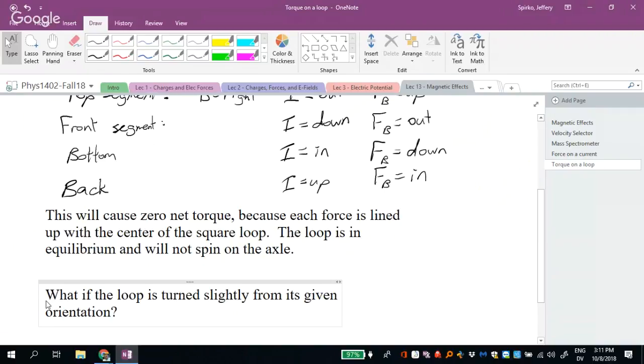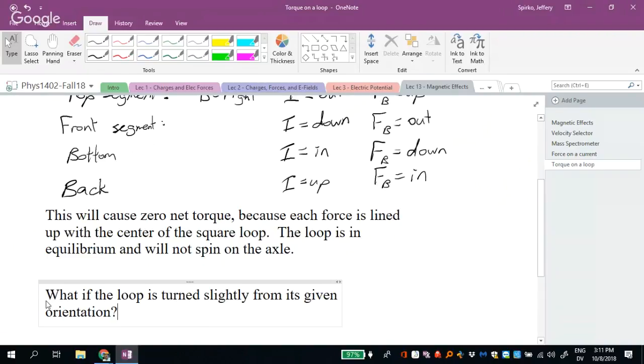But what if we turn the loop slightly from its orientation? And I think what I want to do here is copy and paste a drawing that I drew before, because I only have a couple more minutes. So there's a new version of the drawing.